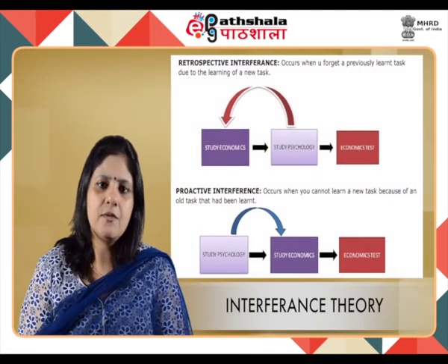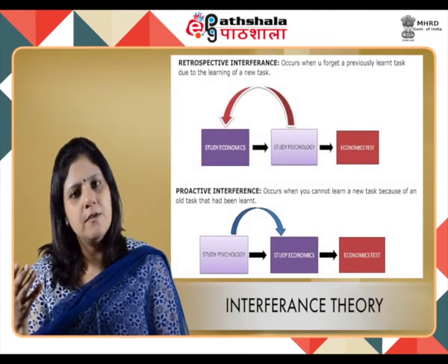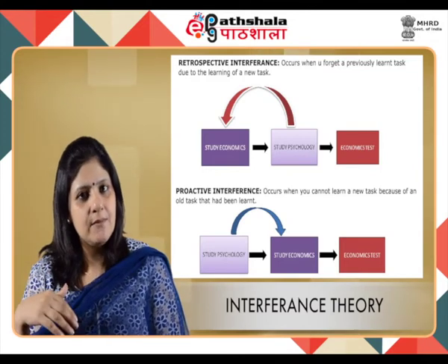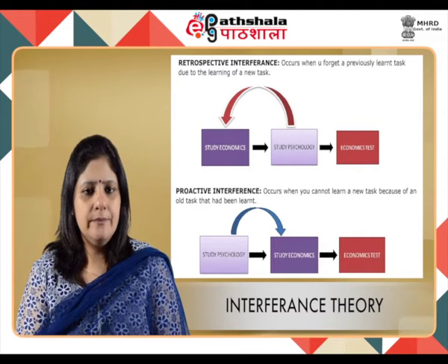Interference theory: the information which we have learned right now will interfere with the earlier information, or the earlier information will interfere with our current information. It could be retroactive or proactive.